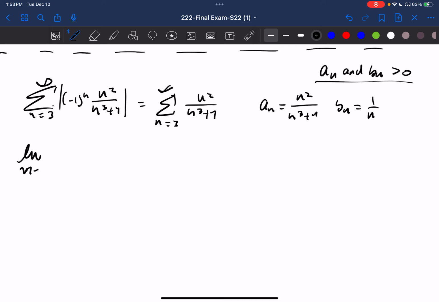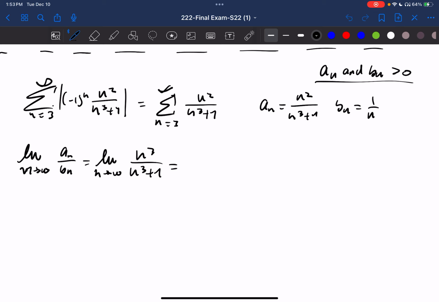The limit as n goes to infinity of a of n divided by b of n will be equal to the limit as n goes to infinity of a of n, which is n to the second power. Take b of n, flip it over, we get n to the third power over n to the third power plus 7.